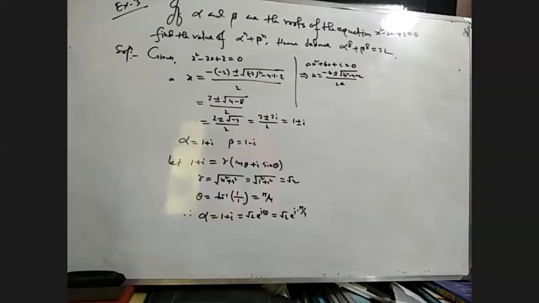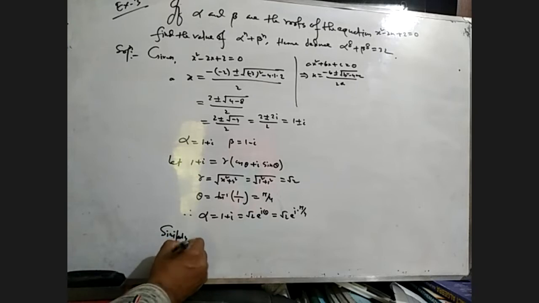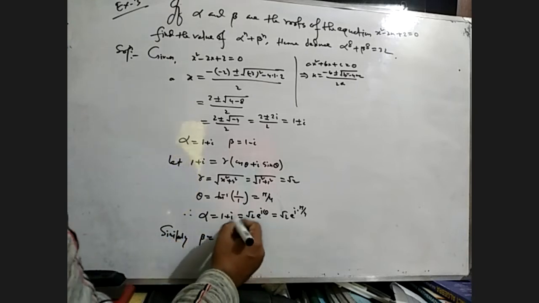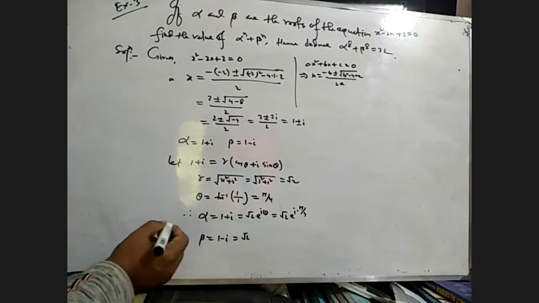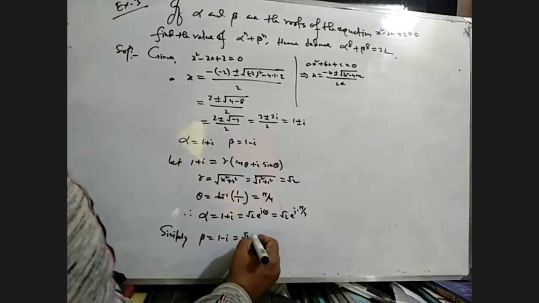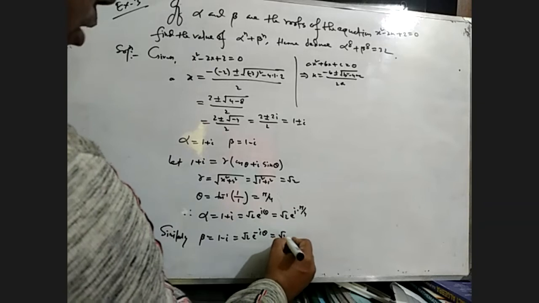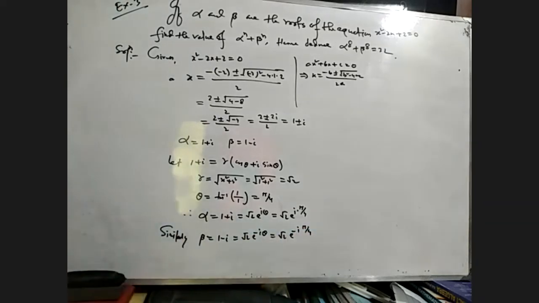Similarly, beta equals to 1 minus i equals to root over 2 e to the power minus i theta, root 2 e to the power minus i pi by 4.